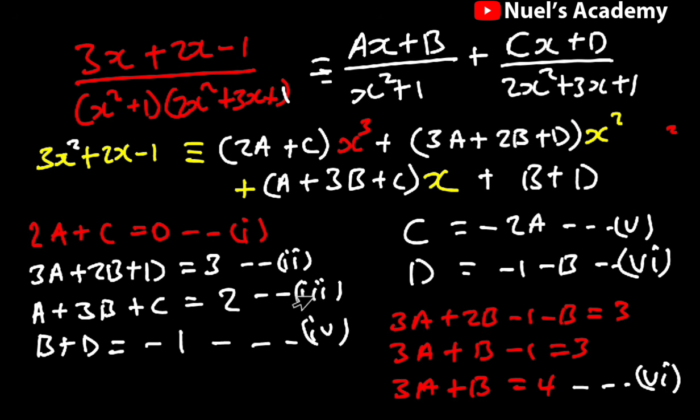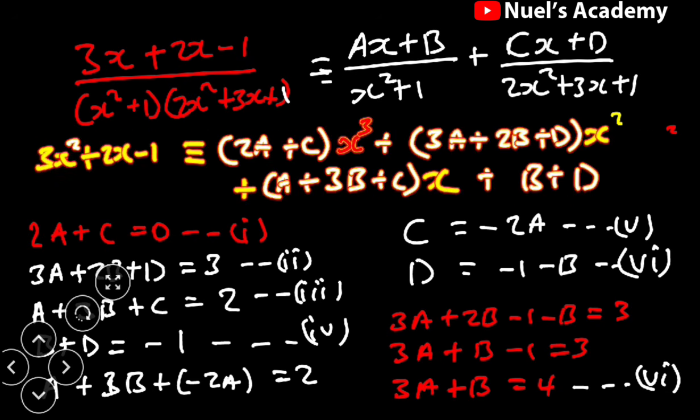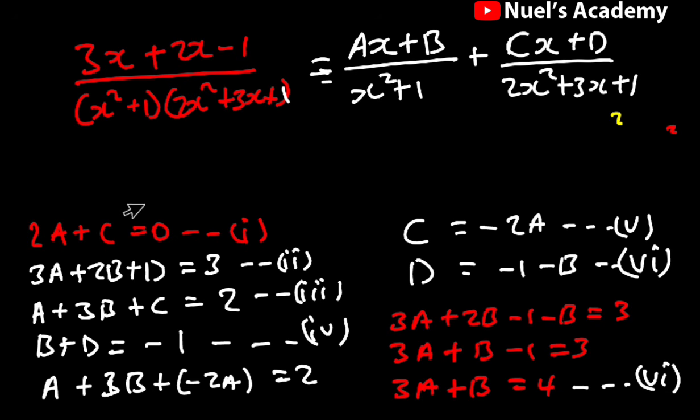So coming to equation III, we have a + 3b + c, now c is minus 2a, so I'll write minus 2a, then is equal to 2. So you have a - 2a is equal to -a, then plus 3b is equal to 2.